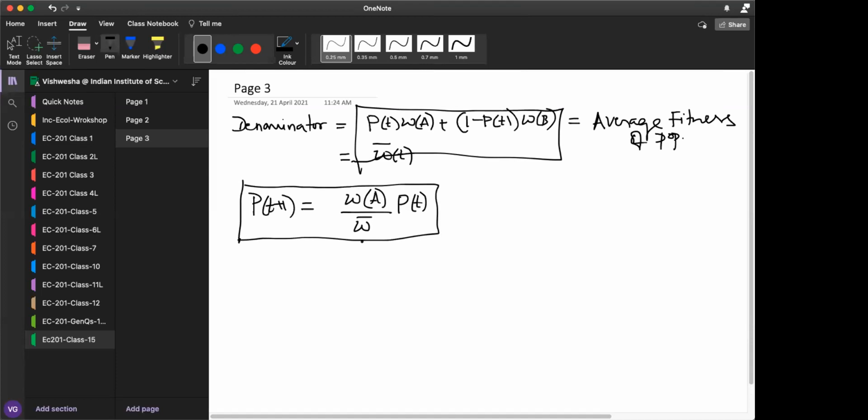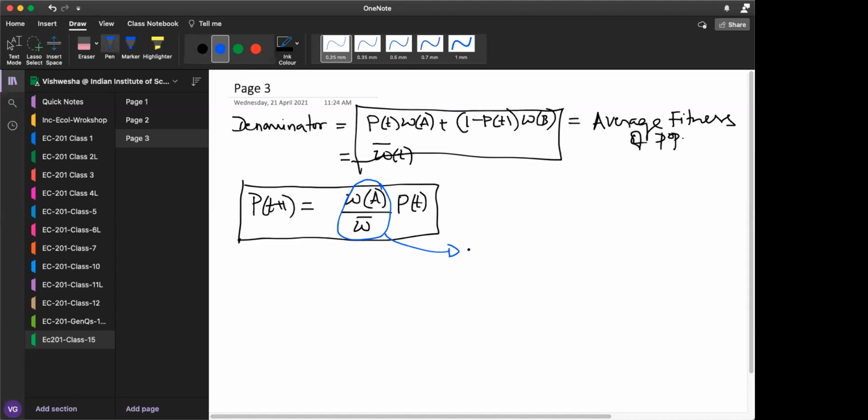This sort of makes intuitive sense, right? There were these genotypes whose proportion was p of t. And what does this ratio mean, the fitness of genotype A divided by the average fitness? This is sort of relative fitness.